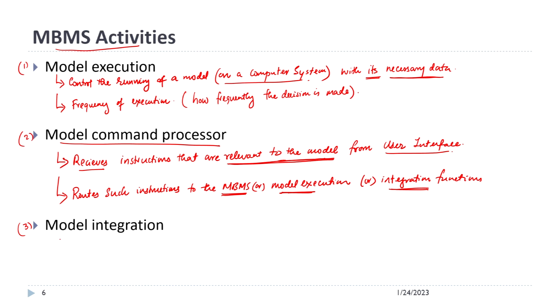Then comes the third one, model integration. The main aspect here is that, as the name suggests, it integrates or combines the operations of several models. Okay. So, multiple models, different models, 1, 2, 3, 5, it does not matter.